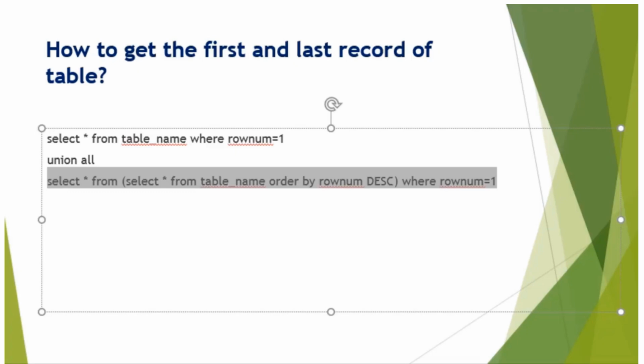If the third record is not a duplicate, it will display it, and then compare it with the next record. The second record is a duplicate, so it ignores it. Then the third record is taken and compared with the fourth record.